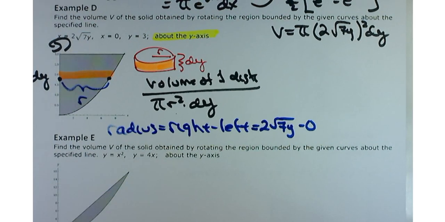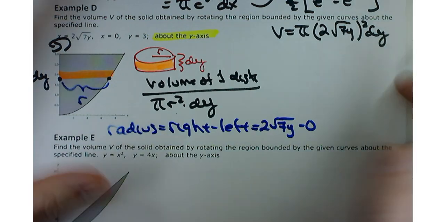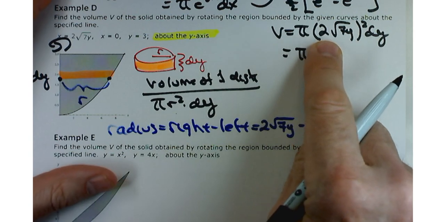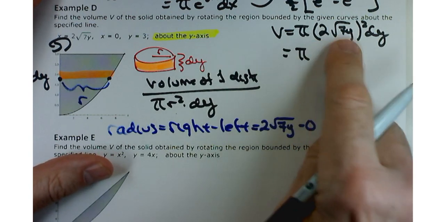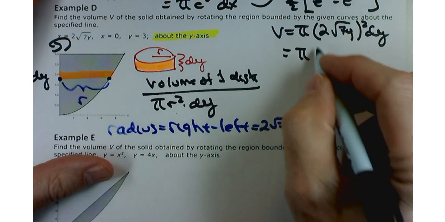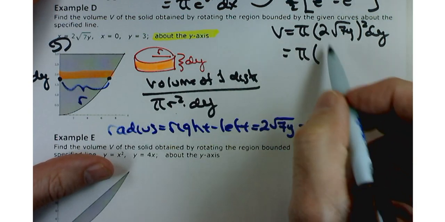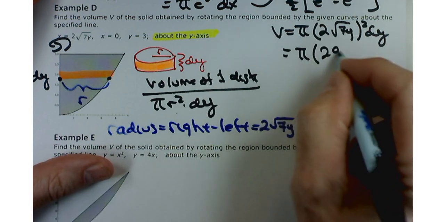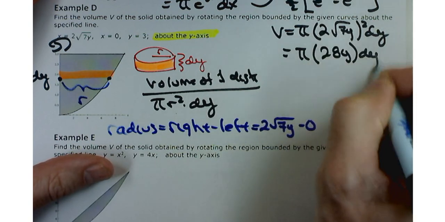I would always recommend simplifying this expression before you put it into your integrand. Let's simplify it here. Nate, when I square this out, what will I get here in the parentheses? 4 times 7y, and 4 times 7 will be 28. So let's just put that right there.